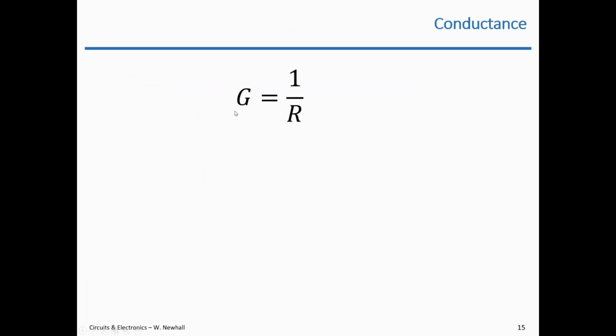So G equals 1 over R. G is conductance, and it's in units of Siemens, abbreviated with an S, or units of mhos, which is ohm spelled backwards and then pluralized. And there's an upside down omega there. You'll have to search for the alt code for that one. So a conductance is just the reciprocal of resistance.